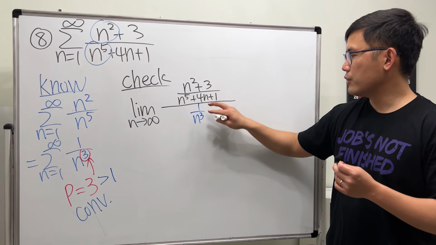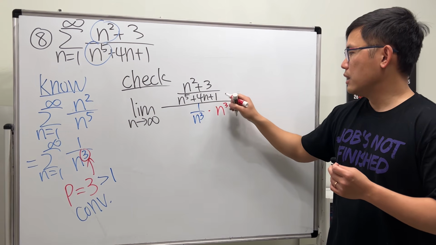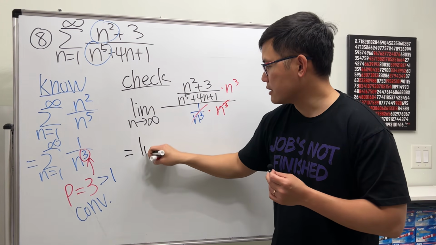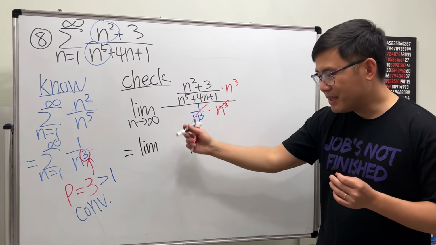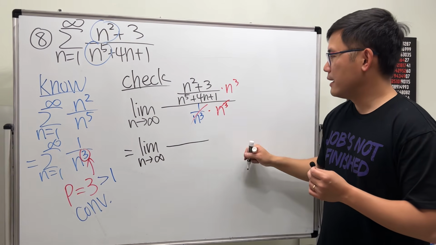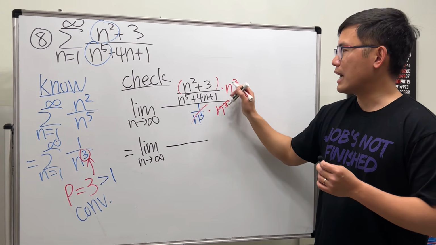Now I'm just going to flip this, just multiply n to the third power here and here. So we're looking at the limit as n goes to infinity. Distribute this to the top.